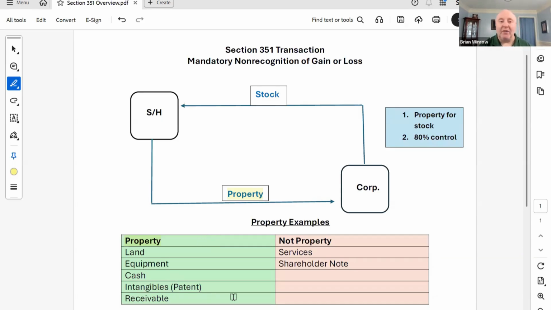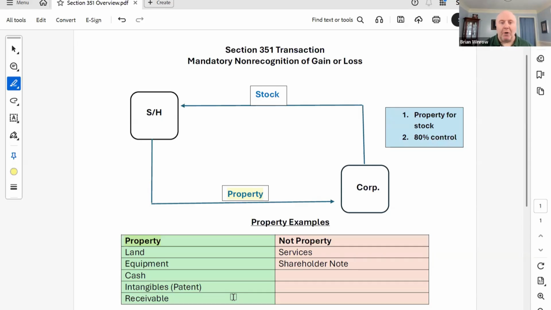Intangibles such as patents and goodwill will also satisfy the requirement for stock, and so do receivables. If we have receivables and we contribute that to the corporation, then we're going to get the value back in terms of stock. All those things are going to work for purposes of property.